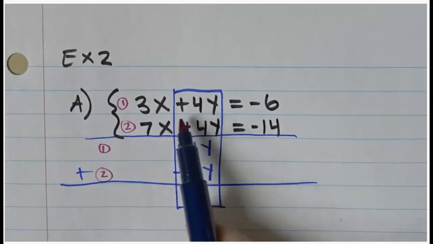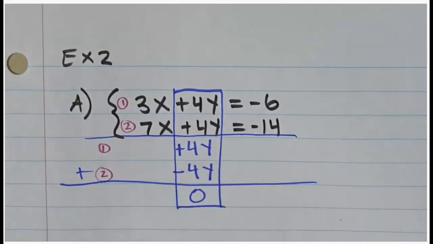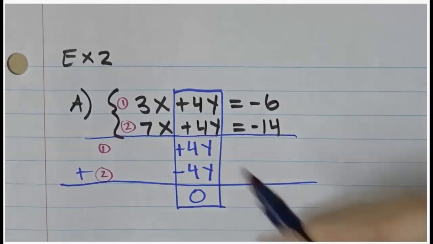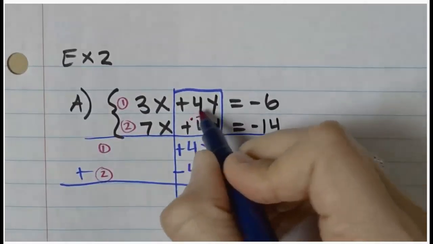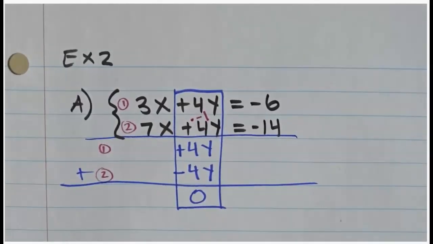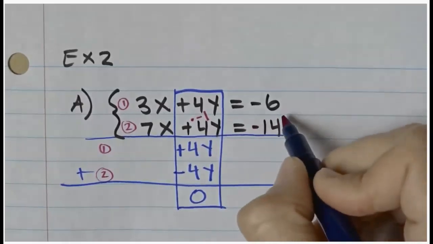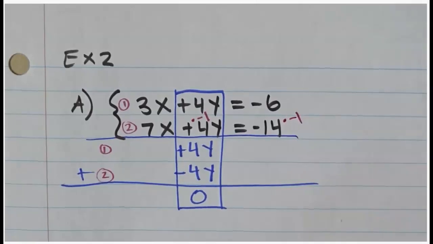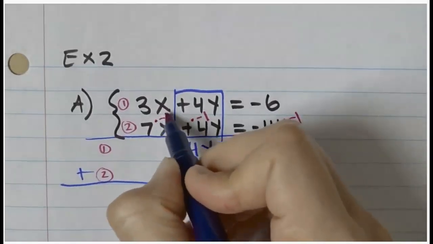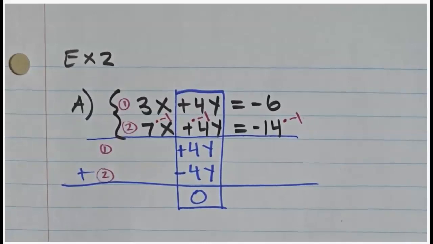So what can I do to this positive 4y to make it into a negative 4y? And you should have been thinking, I'm going to multiply that by negative 1. So I multiply this term by negative 1. I can't just change one term, I have to change the whole thing. So what you do to one part, you do to the whole thing. So I got to multiply this guy by negative 1 and this term by negative 1. So the entire second equation gets multiplied by negative 1.